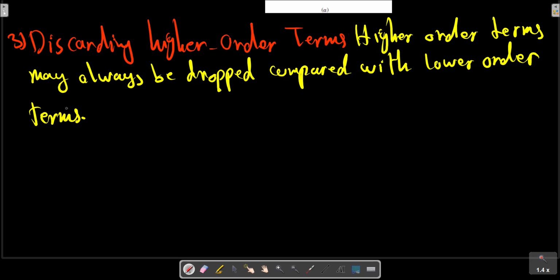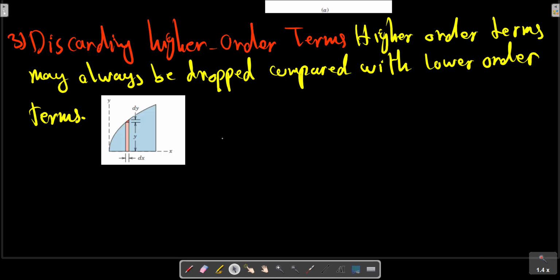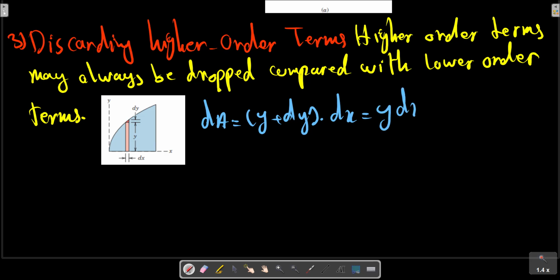Thus, for the vertical strip of area under the curve shown in this figure, we have the relation dA = (y + dy) dx = y dx + dy dx. We can drop the higher order term, and dA can be written as y dx.